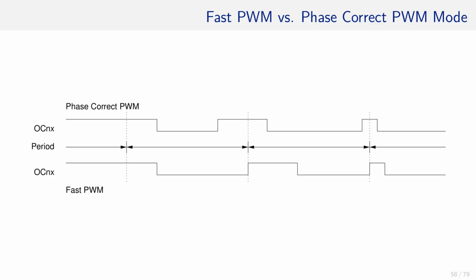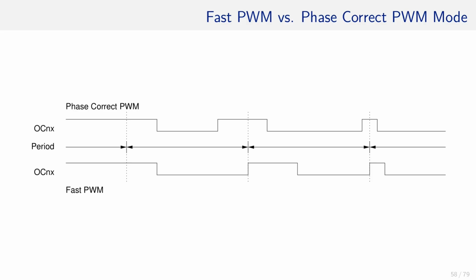This slide compares the two different modes. On top is the phase correct PWM. The lower waveform has been generated by fast PWM. As you can see, its waveform always starts going high at the beginning of the period.